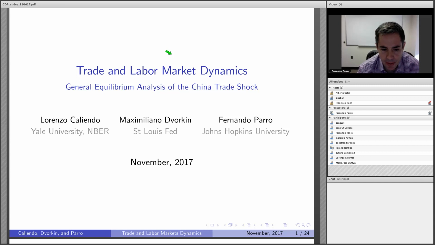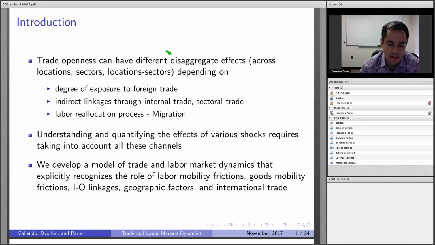So this paper is part of a research agenda where we want to study the disaggregate effects of trade shocks. And specifically, understanding and quantifying the employment effects of trade shocks has been a central issue in recent economic research.